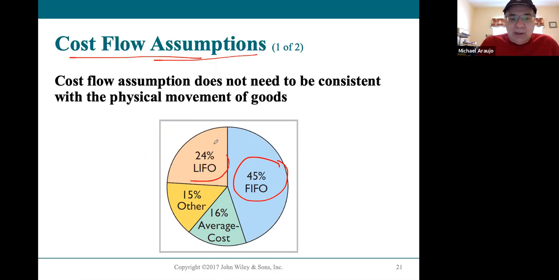LIFO comes in a respectable second place, with about 1 out of every 4 businesses using it. The other methods, including average cost, round out the difference. So it's very important to understand why FIFO is such an important cost flow assumption for merchandisers, and why LIFO is a close second.